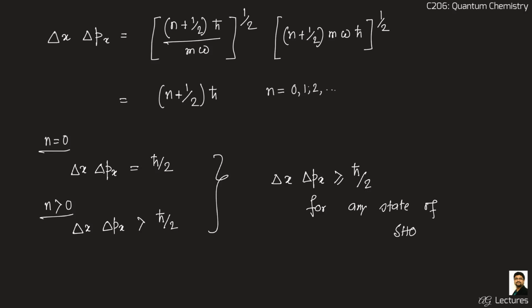for any state of the simple harmonic oscillator. So let me conclude this chapter on simple harmonic oscillator here. This entire thing is spanning over 3 lectures. I shall give the links for lecture 1 and lecture 2 in the description below. There are many other things that can be done on this particular topic, but for the time being, let's conclude here.